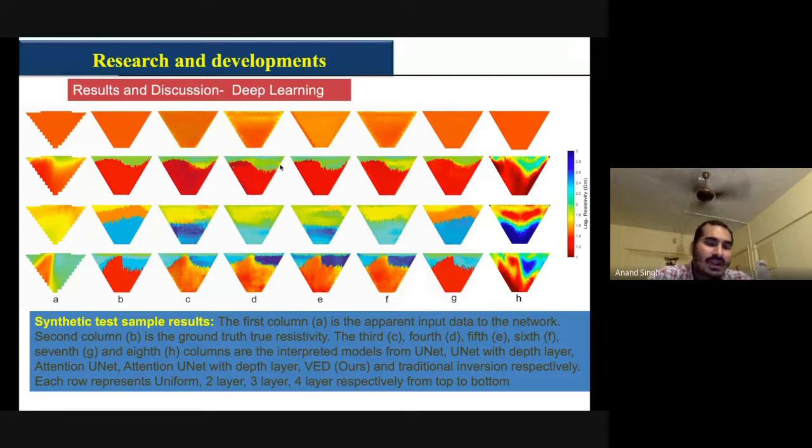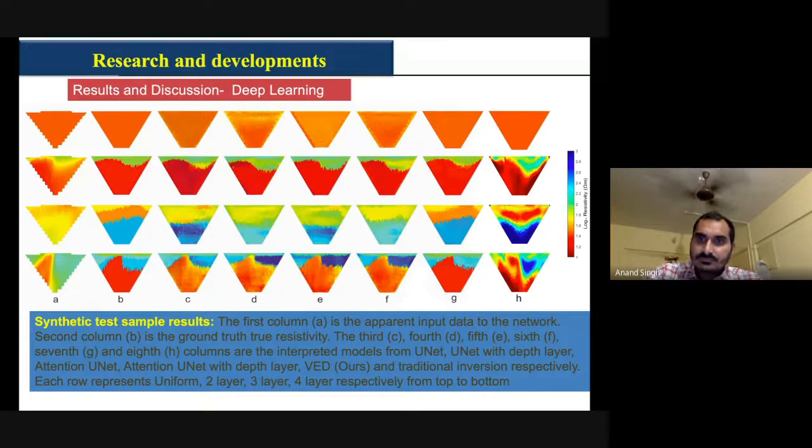But one important point is that if you compare it with the traditional inversion, which I have tried to compare with, it is still showing a little better image than that. Now this one was the attention U-Net. The attention U-Net is providing a little better image than the U-Net, but the attention U-Net with the depth layer is again not providing such a much improved image.